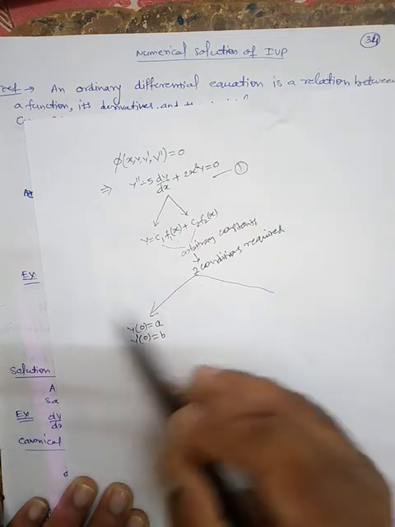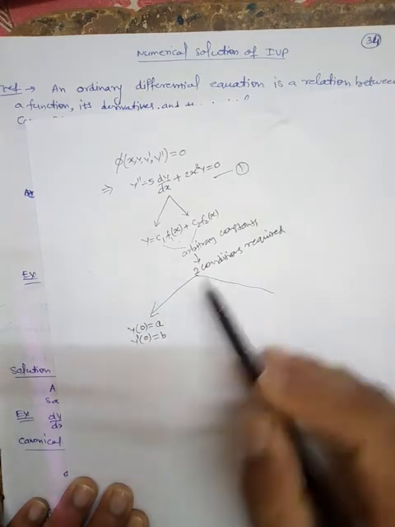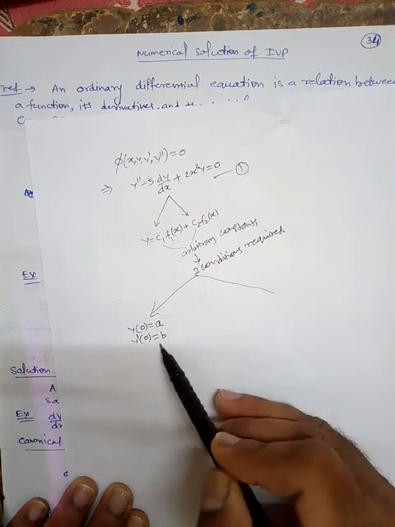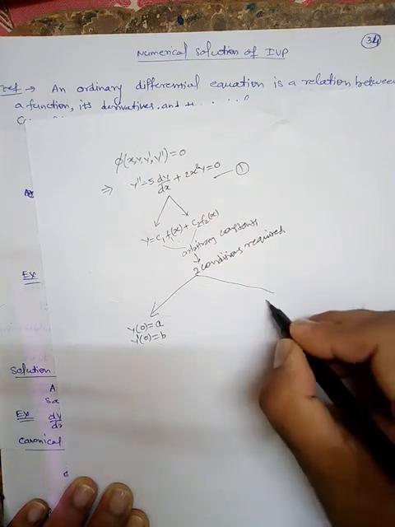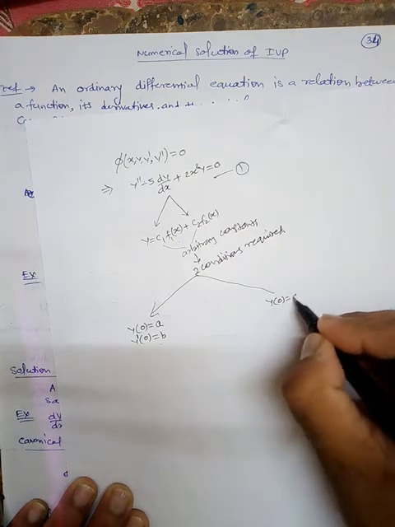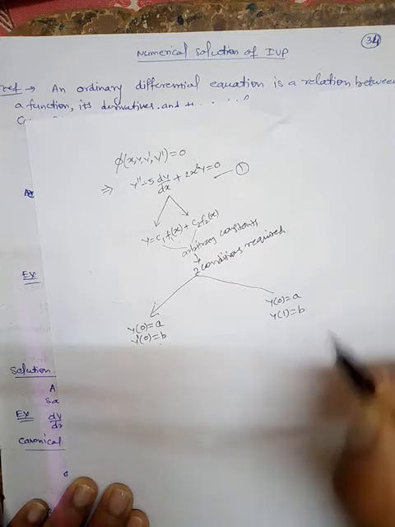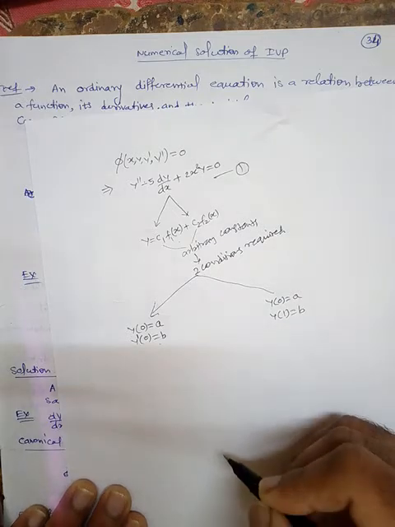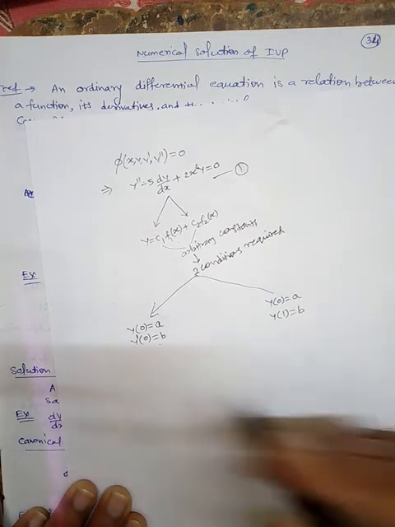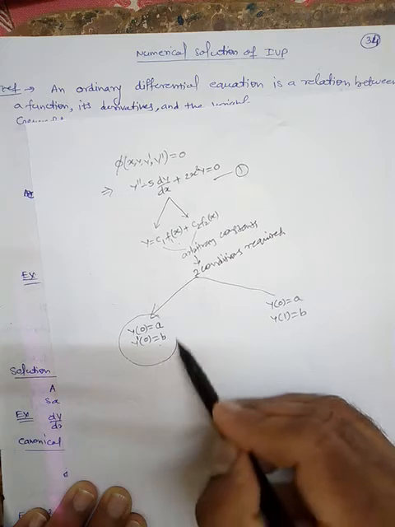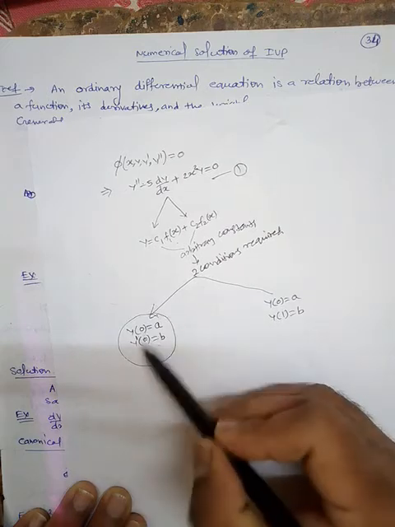This is one of the ways, so that we have two conditions. Second is, say, y at 0 is a and y at 1 is b. This is another way.